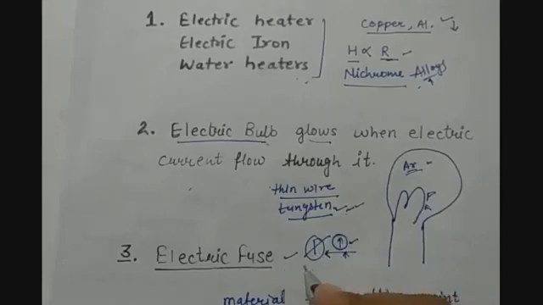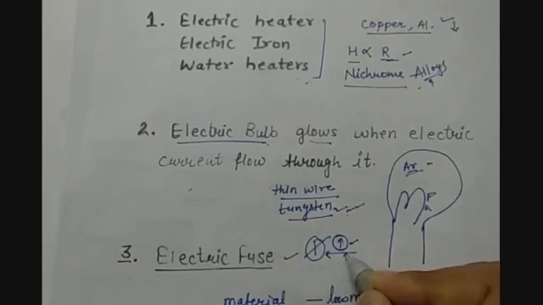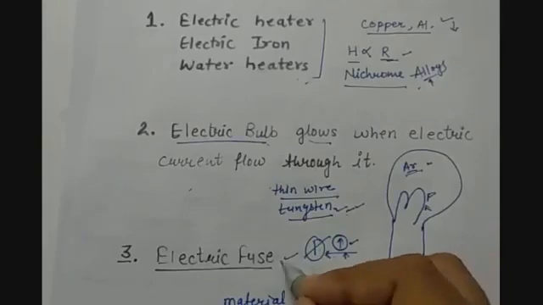So this helps to secure or to save the electrical appliances from getting damaged, because if higher current passes through them, they will not work or they will get damaged. So electrical fuse is the one which helps to save our devices.